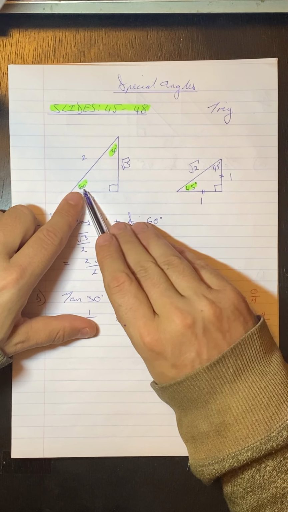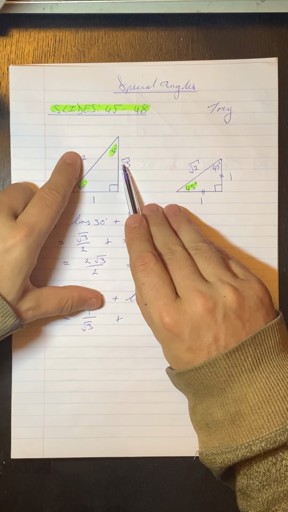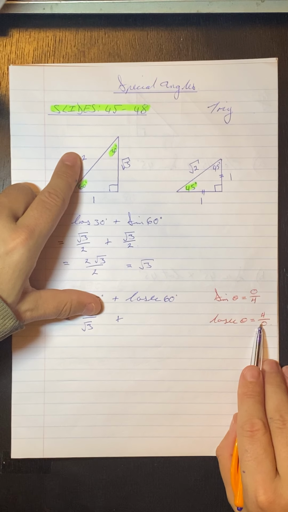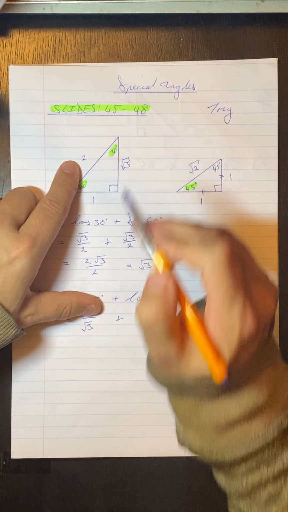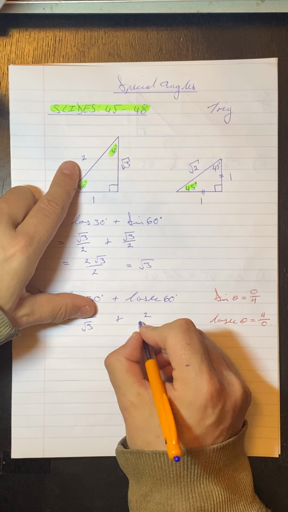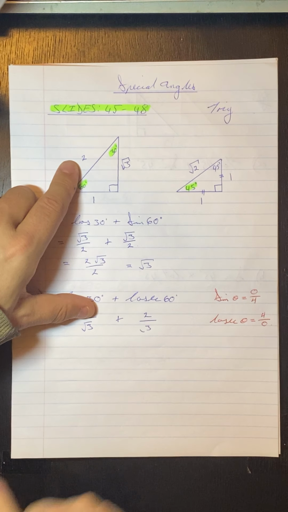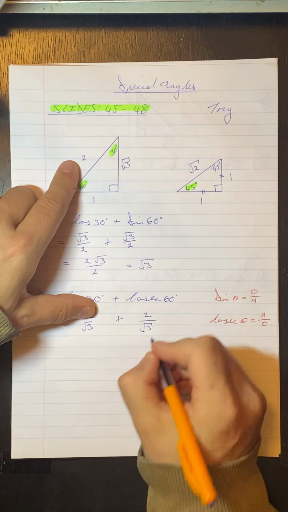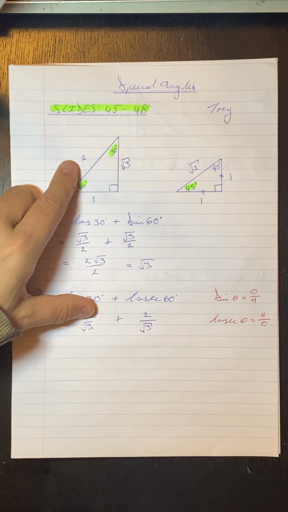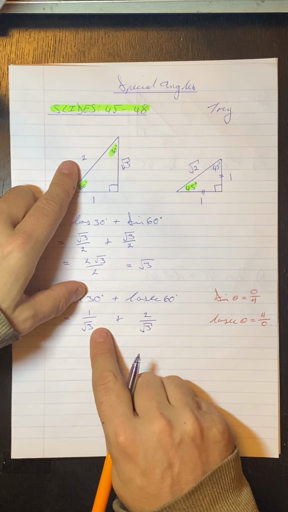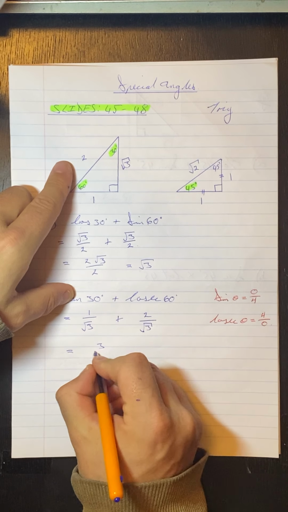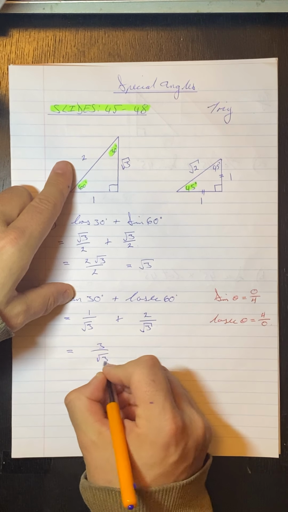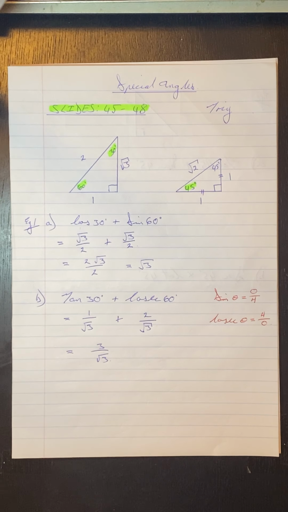Sine is opposite over hypotenuse, so cosec will be the reciprocal of that, so that will be 2 over root 3. Okay, so 1 over root 3 plus 2 over root 3 gives us 3 over root 3. And that's our solution for that one.